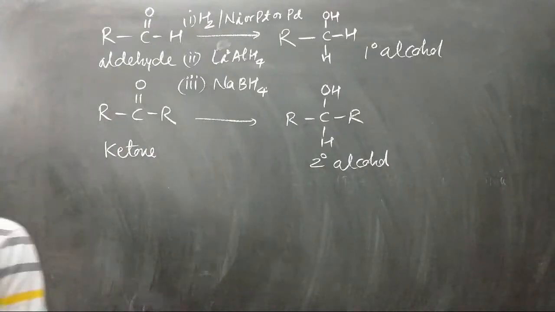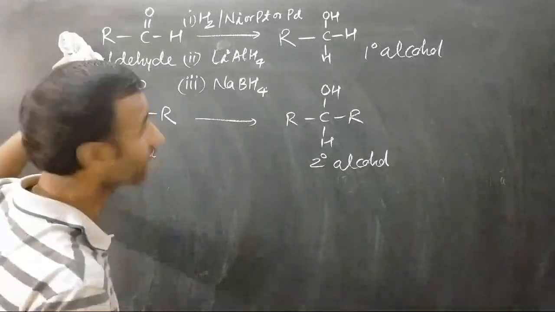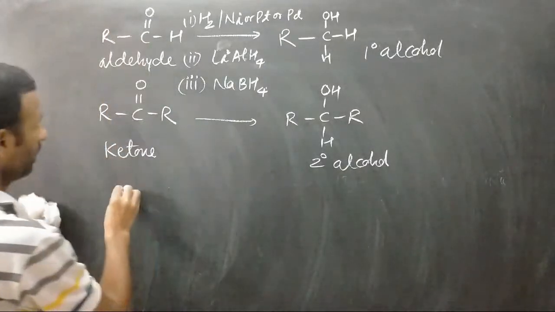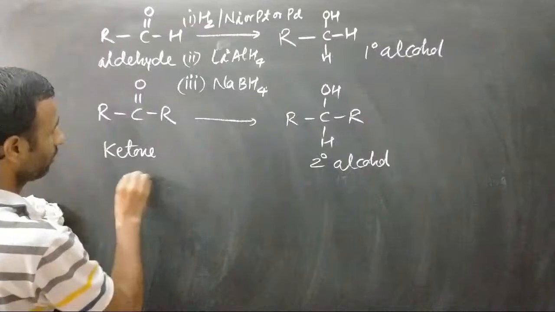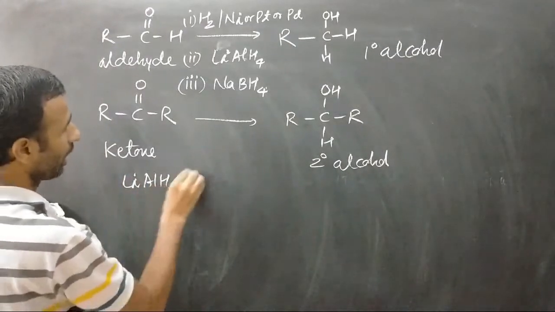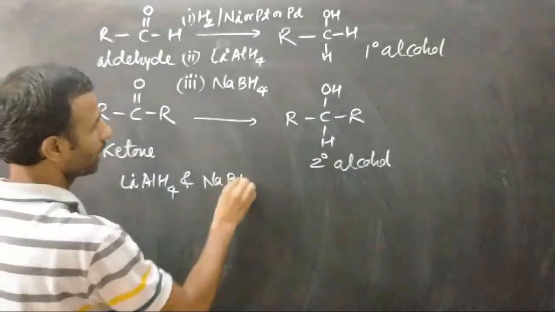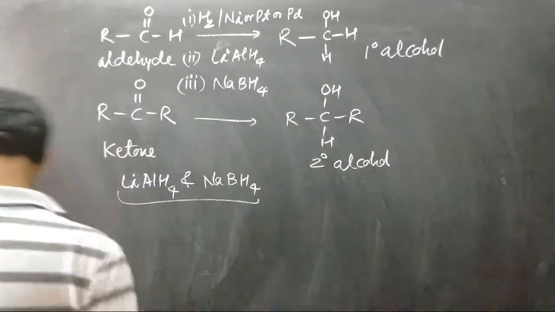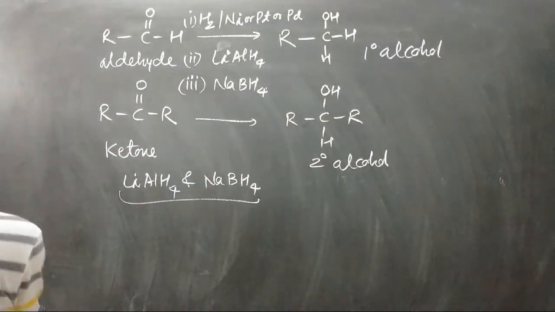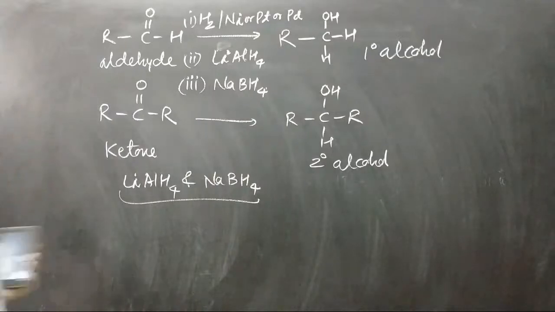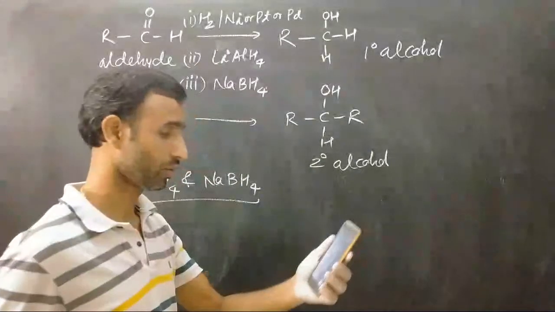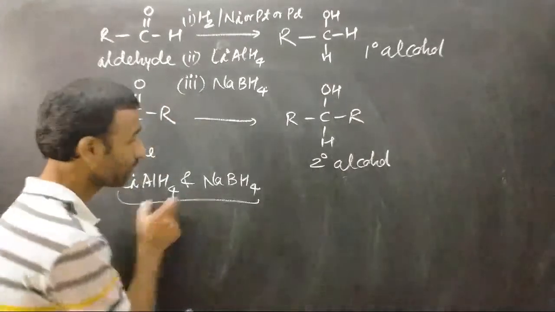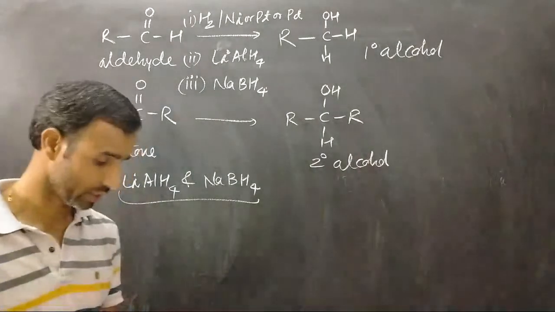Okay. So I will keep it. Tell me, out of lithium aluminum hydride and sodium borohydride, which one is the stronger reducing agent? We have discussed it earlier. This is actually partial reduction only, right? So tell me, out of these two, which one is the stronger reducing agent?